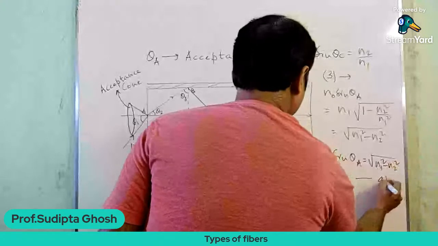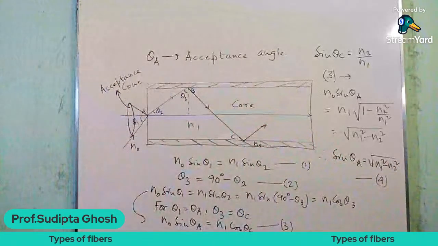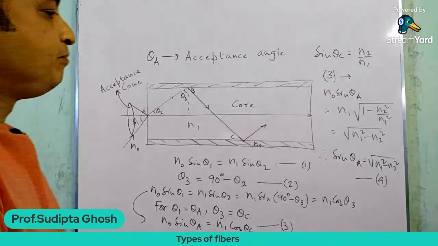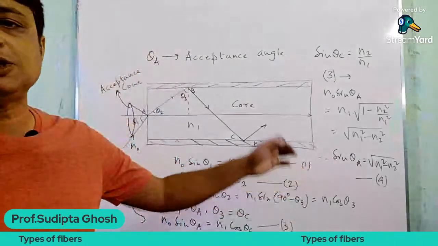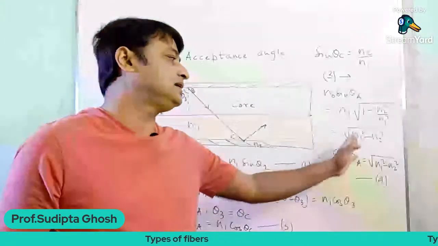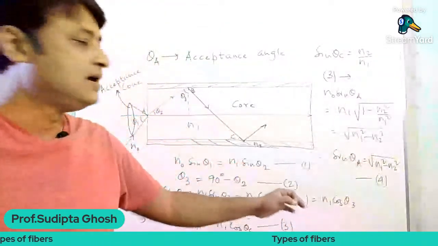Let it be equation number 4. And if you want to put a specific value of n0, then you may keep n0 sin theta A equals root over n1 squared minus n2 squared.